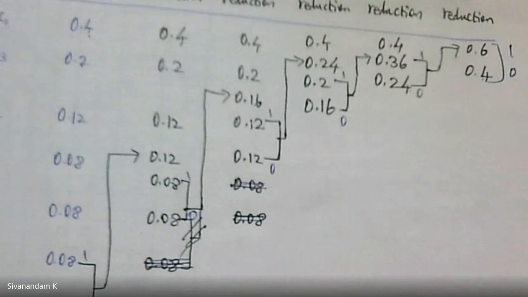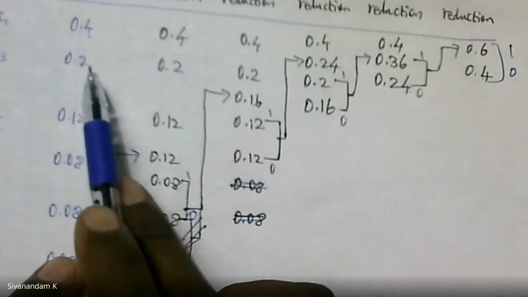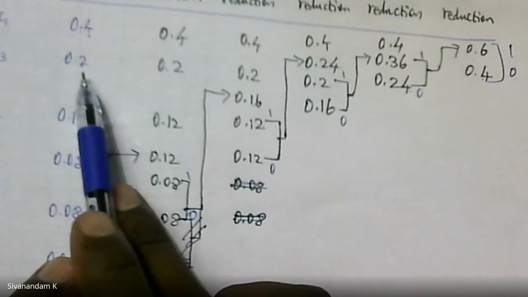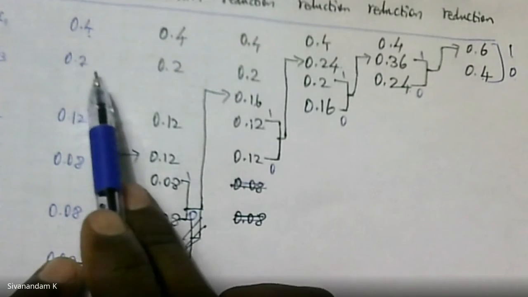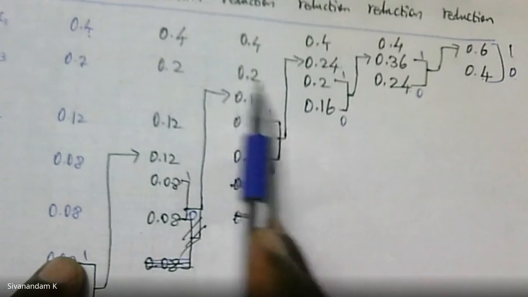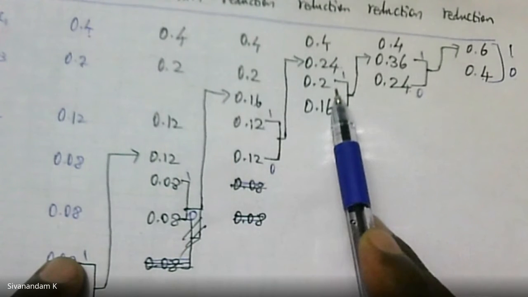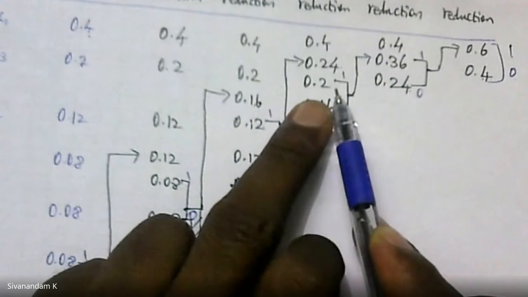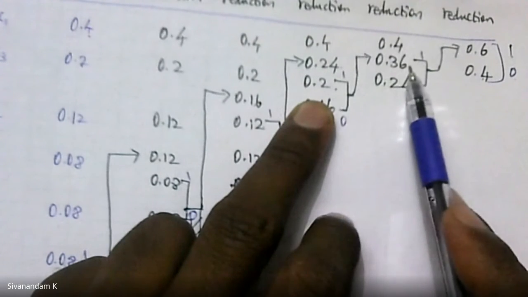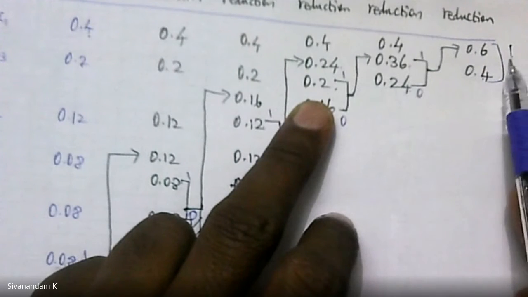Next message 3, that is 0.2 probability. So the 0.2 probability takes binary value from third reduction as 1, in the fourth reduction also 1, in the fifth reduction also 1.